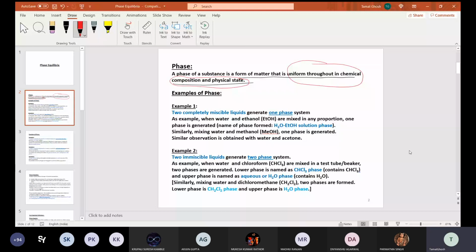On the other hand, if someone takes 99 ml water and mixes 1 ml ethanol, these two are the extreme ratios. In the middle, any other ratios also, water and ethanol are miscible.